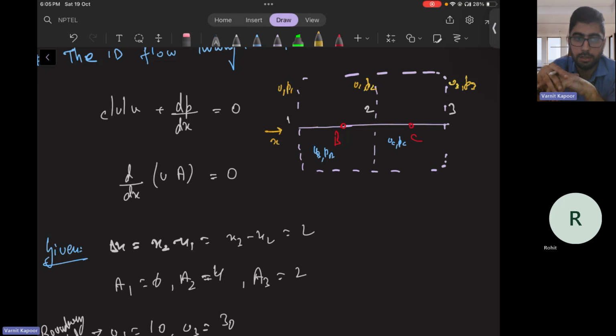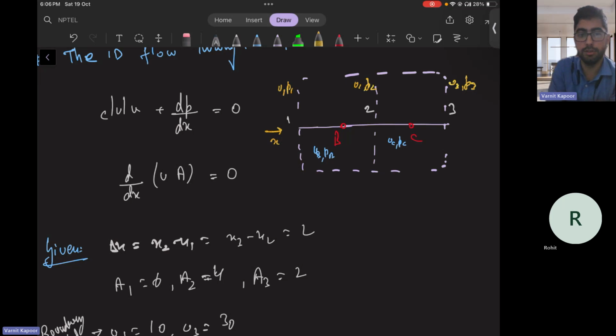So calculate what will be the boundary pressures. And there is the initial guess, that is UB star, UC star equal to 15. And you are given the pressure guess, that is PB star, PC star, P1, P3 star can be taken as 120. So that is given in the problem statement. The initial guess is given.